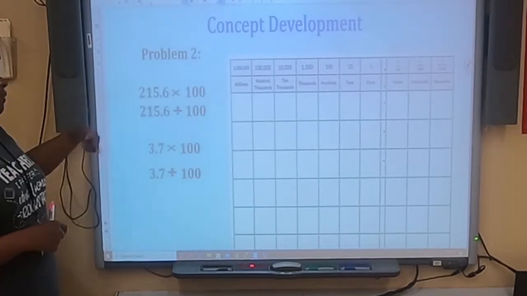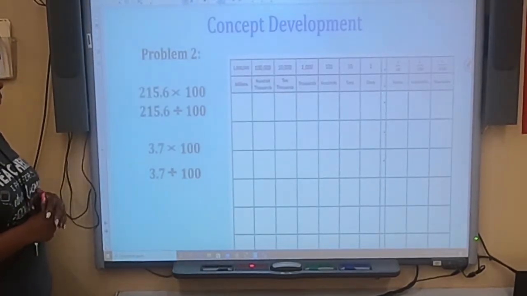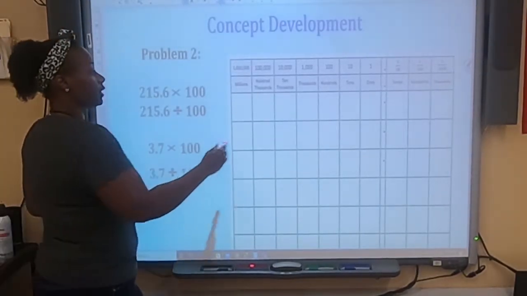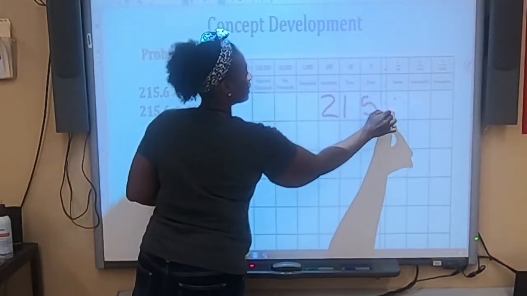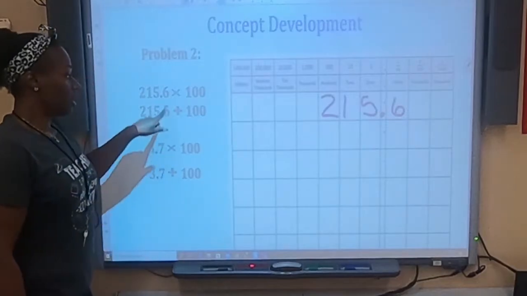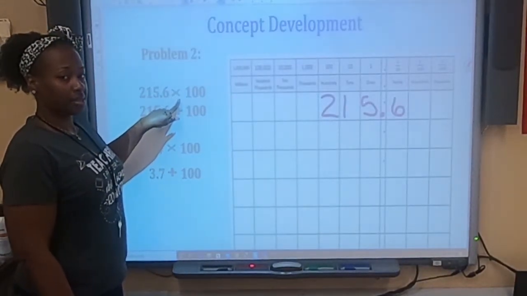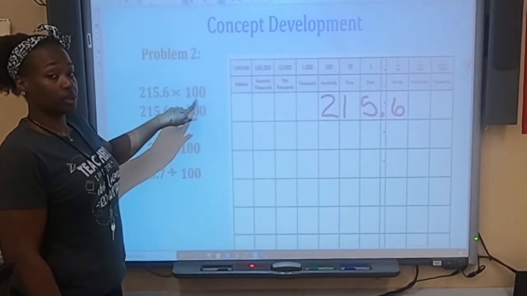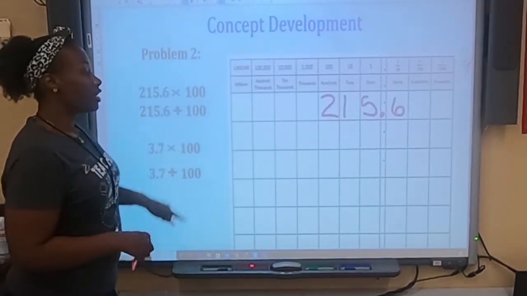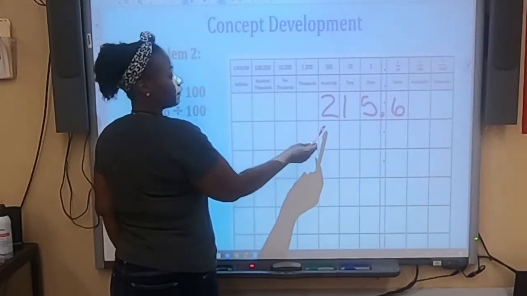So we still start by writing our numbers in their places. We got 215 and 6/10. Which way does times take us? Left. How many times for 100? 2. So every digit has to shift left 2 times.